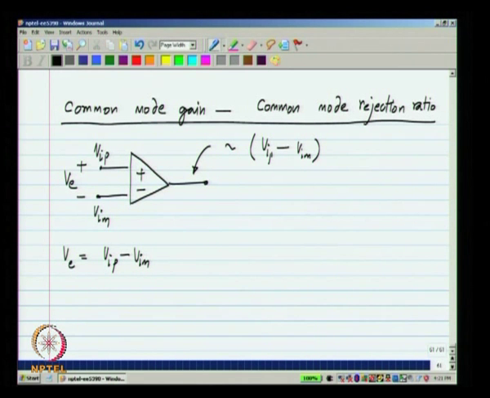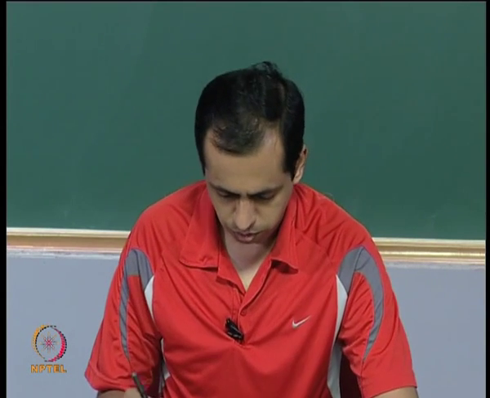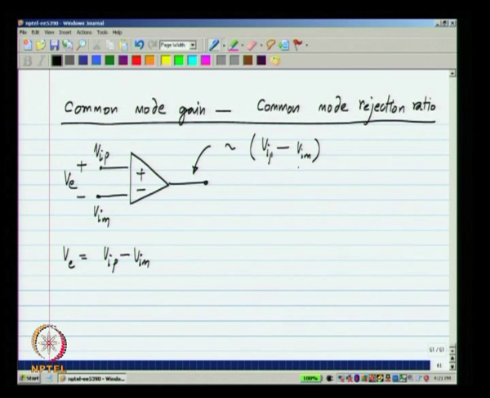Now, because of limitations of the circuits with which the op amp is built, it turns out this is not exactly true. So, what happens is that it also responds to the average value of VIP and VIM. For instance, if you consider the op amp at DC, the output is supposed to be A naught times VIP minus VIM, where A naught is the DC gain, which in ideal conditions is infinity.